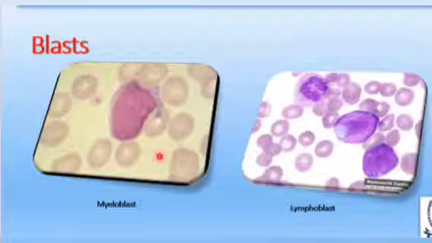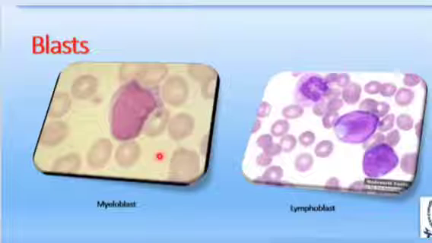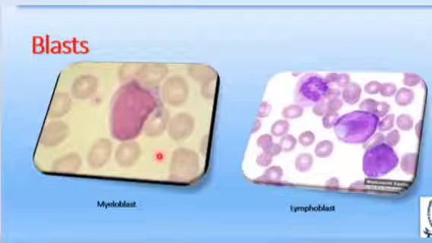In the WHO classification, we need more than 20% blasts in the bone marrow or peripheral blood, and in the FAB classification we need more than 30% blasts. So at that time the blasts have very much importance in the bone marrow examination.